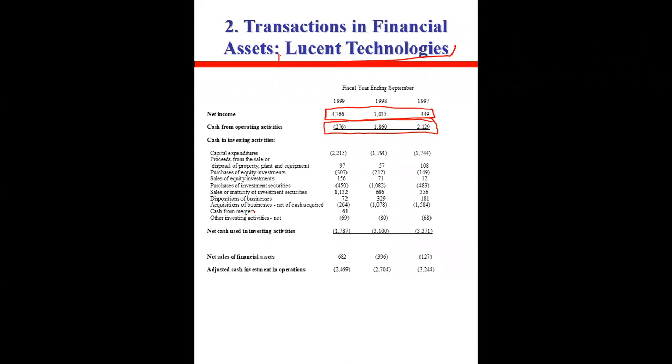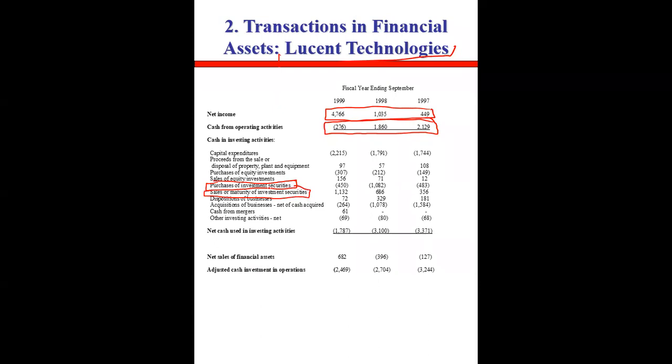Is there anything wrong? But you see what is happening in the cash in investing activities: this company has included purchase of investment securities, and it has also included the sale or maturity of investment securities.